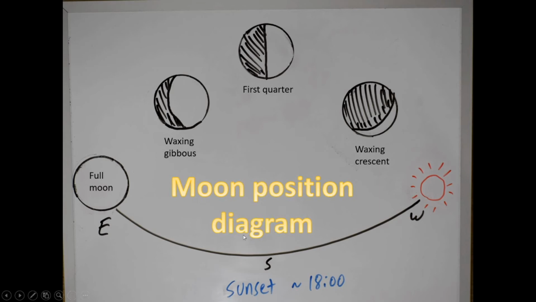So this is a way to understand where the moon is in the sky at what time. So if I ask you, where is the first quarter at sunset? It's at zenith. Or if I ask you, what time does the full moon rise? The answer is at sunset.